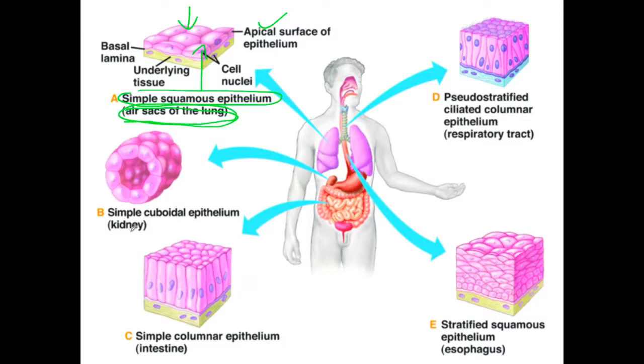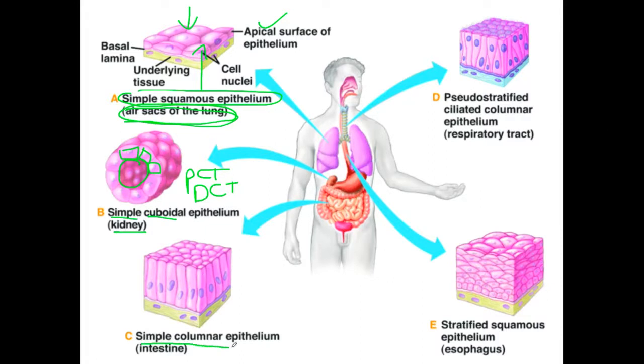The simple cuboidal epithelium, we find them in the kidney, where we have the proximal convoluted tubules and the distal convoluted tubules. Again, this is the tubule, right? Looks like a hose. And look, these cells are one cell layer thick. They're closely packed together. They're square, so they're cuboidal, and they're simple.